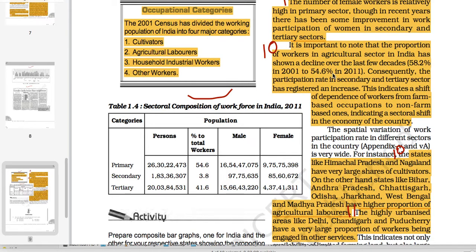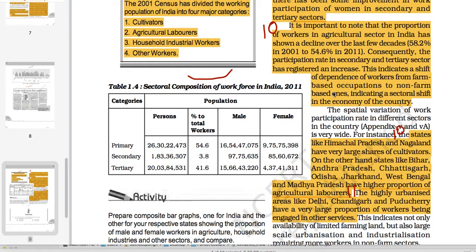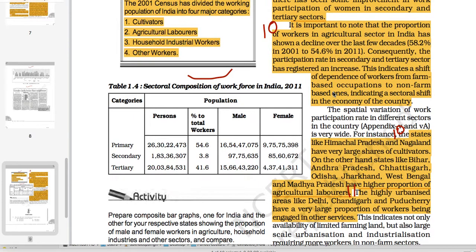So the workers who were working in the primary sector are now engaged in secondary or tertiary sector. Means the secondary and tertiary sector has registered an increase. So they shift from the agriculture occupation to non-farm based activities.